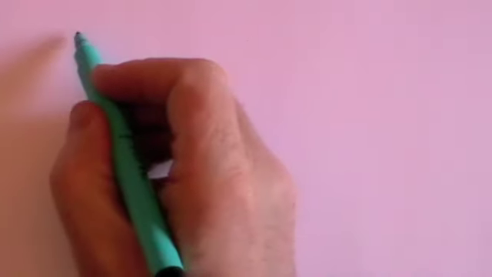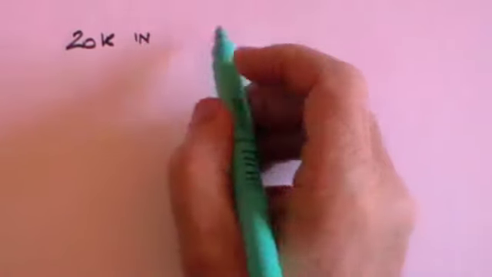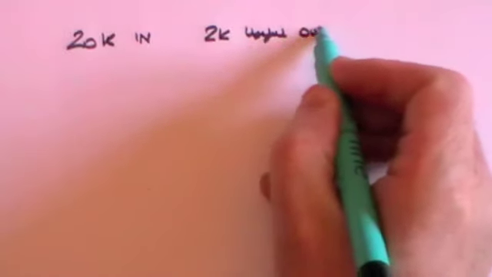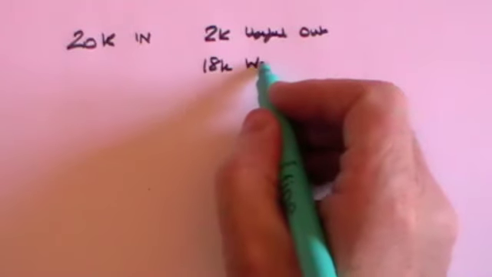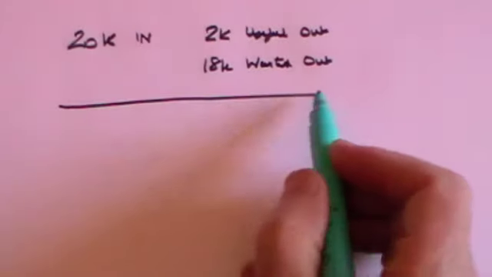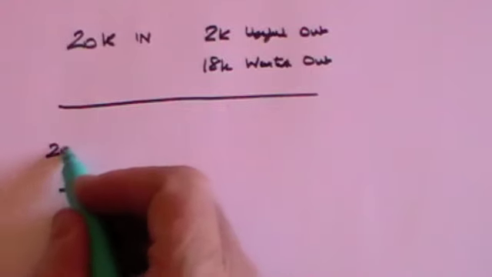If you were required to draw a Sankey diagram for that, you will remember the three values. You've got 20,000 in, 2,000 useful out, and by definition 18,000 wasted out. Then you draw a Sankey diagram where the width of the input represents 20k.